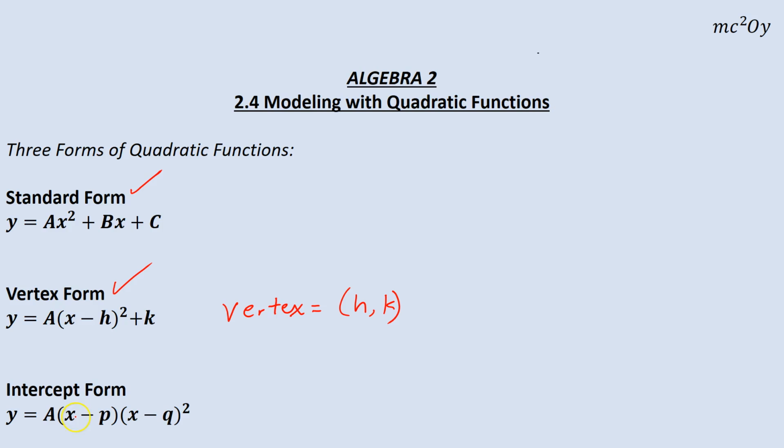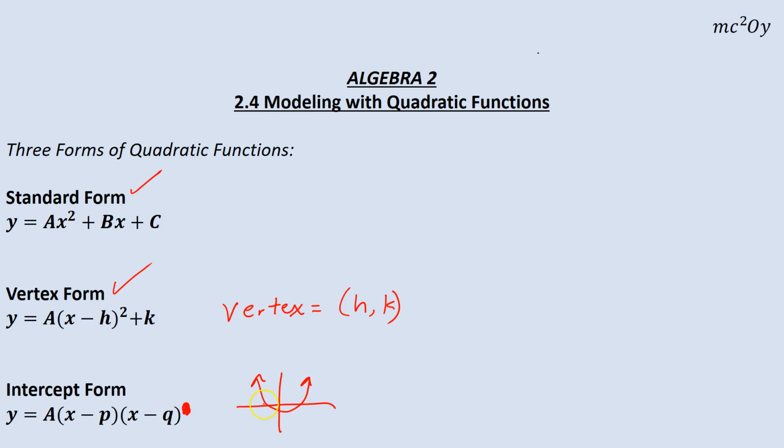And we have intercept form, y equals a times the quantity x minus p times the quantity x minus q. And that is not the quantity squared, so please get rid of that. In that case, you are given the x-intercepts.